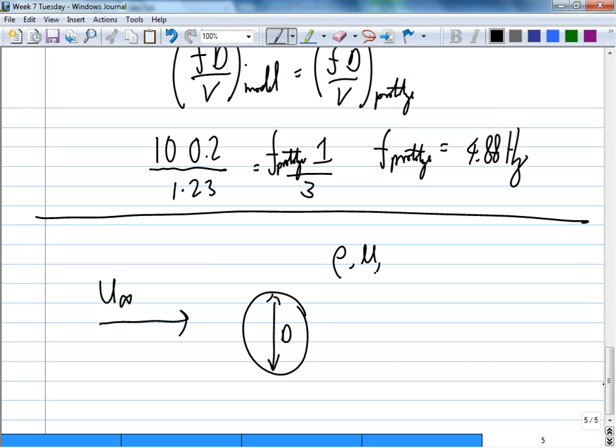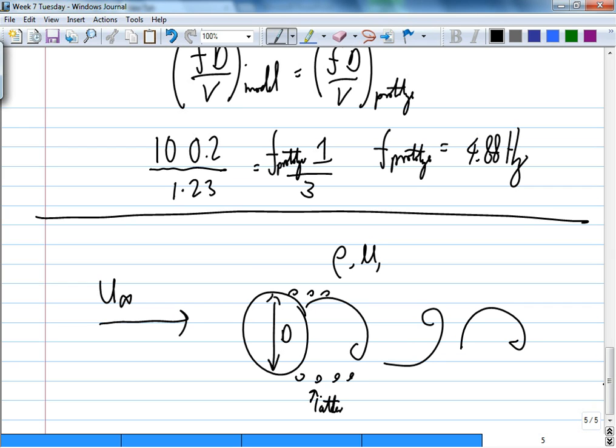In our experiments we saw there's some small roll up here, and there's also the bigger roll up here. Normally this one occurs later. Normally we are just concerned with this bigger one first.